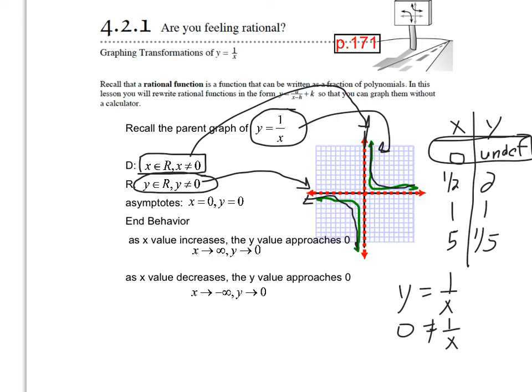Therefore, those values lead to our two asymptotes. We have a vertical asymptote at x equaling 0 and a horizontal asymptote at y equaling 0. End behavior.